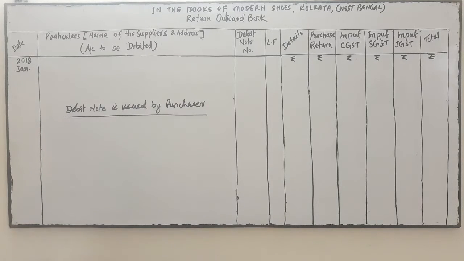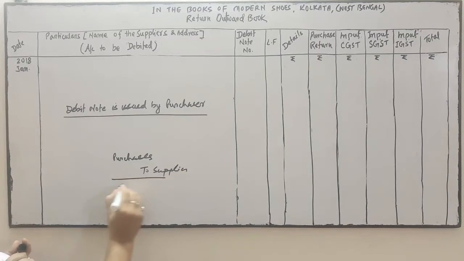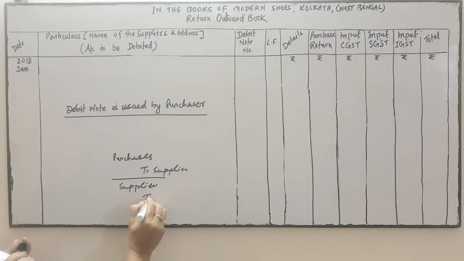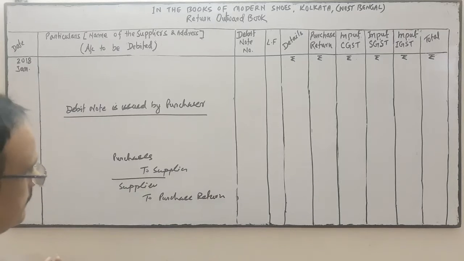When we purchase the goods, purchase account is debited to supplier, and when we return the goods, the supplier is debited and the purchase return account is credited.